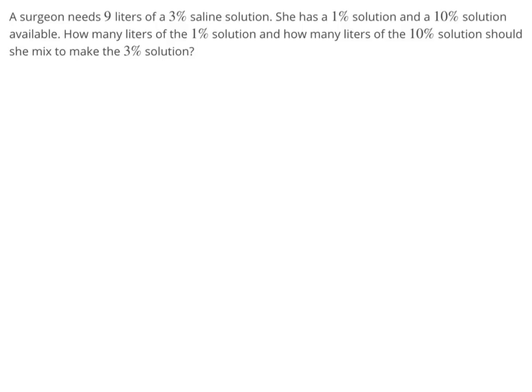We're going to set up an equation or a system of equations to solve it. And so first we have to define our variables, and we're going to define our variables to be whatever it is that we're looking for. How many liters of the 1% solution and how many liters of the 10% solution should she mix to make the 3% solution?